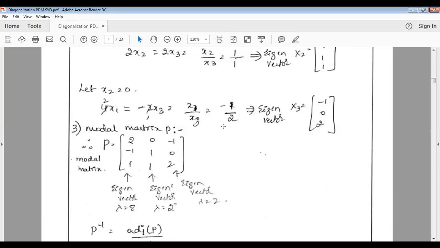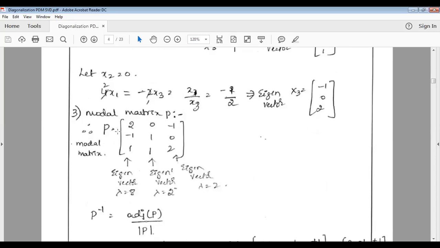Okay. So the first step in diagonalizing the matrix, we'll find the model matrix P. The model matrix P is nothing but written with the eigenvector for each eigenvalue in the form of a column. Right? So we had lambda equal to 8, and for that the corresponding eigenvector was 2, minus 1, 1. You had eigenvalue lambda equal to 2.